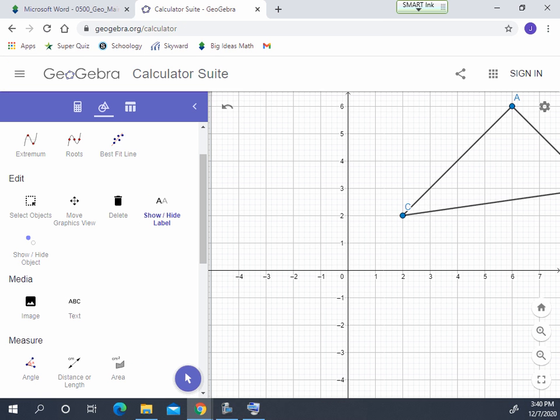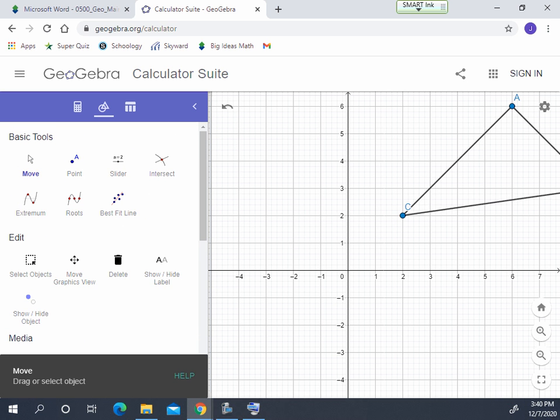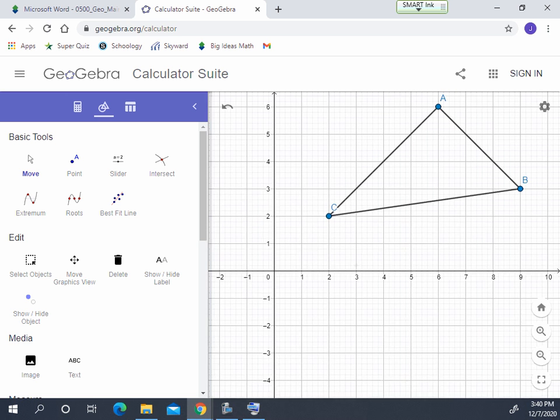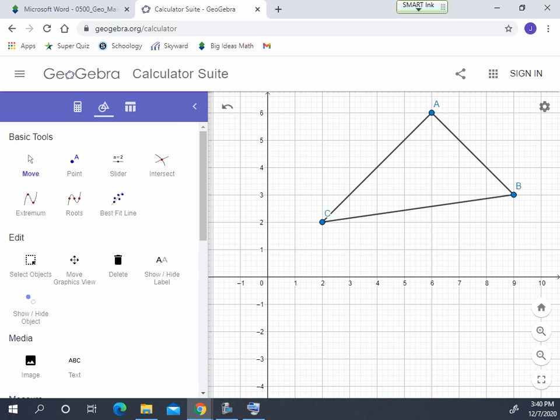I went into GeoGebra and made my triangle here. Let's talk about its sides. Actually, no, let's talk about its angles. Just by looking at it, it looks like angle A might be a right angle.